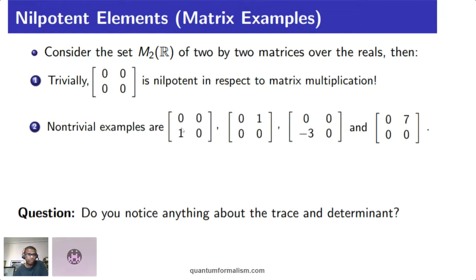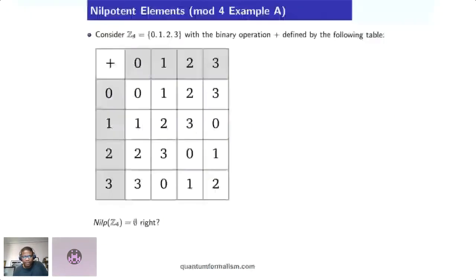This has a consequence when we go to matrix groups, but we'll come back to matrix stuff in the matrix group section. I challenge you to try to find other non-trivial examples of matrices that are nilpotent. I was about to put a spoiler in, but I won't.